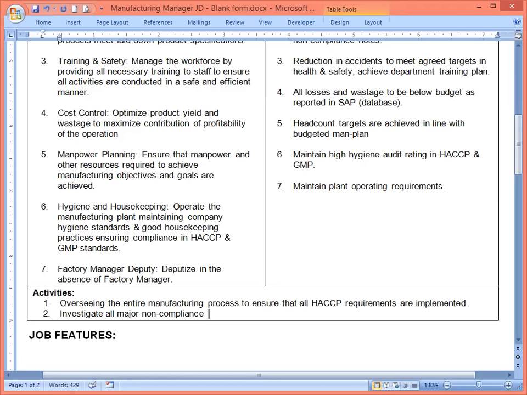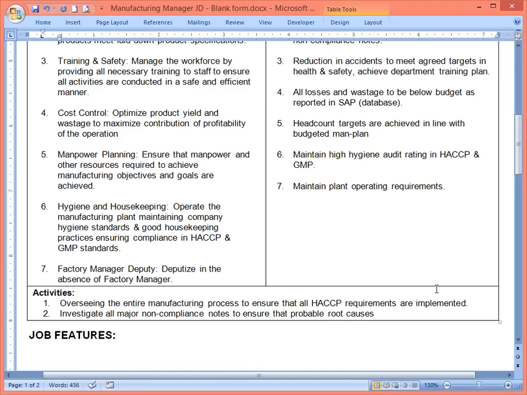Non-compliance notes. All right. To ensure that probable root causes, because there are so many issues in the manufacturing. So whenever you do investigation, you have to always find the root causes, to address the issues. Okay, I think I missed out the T here. Causes.